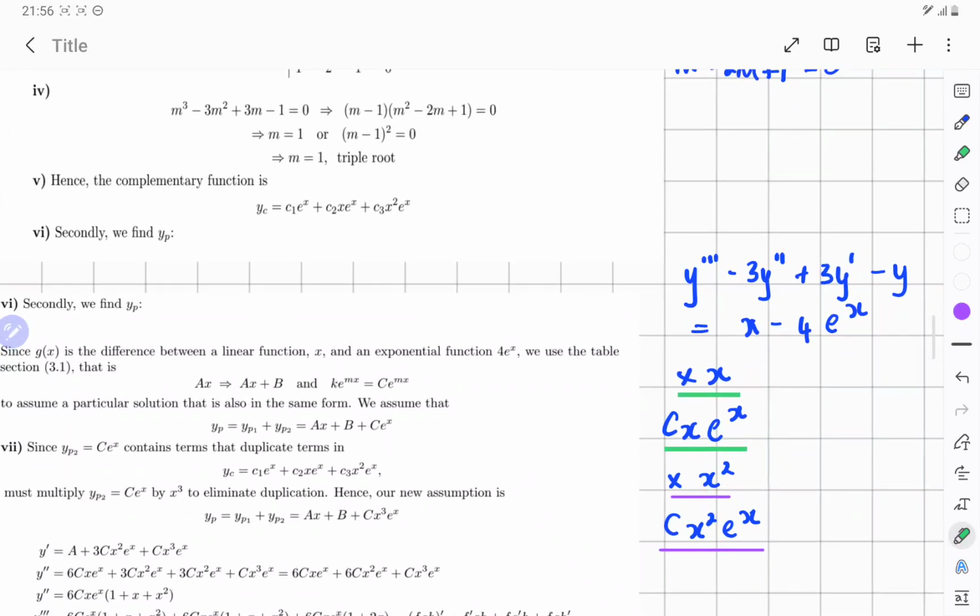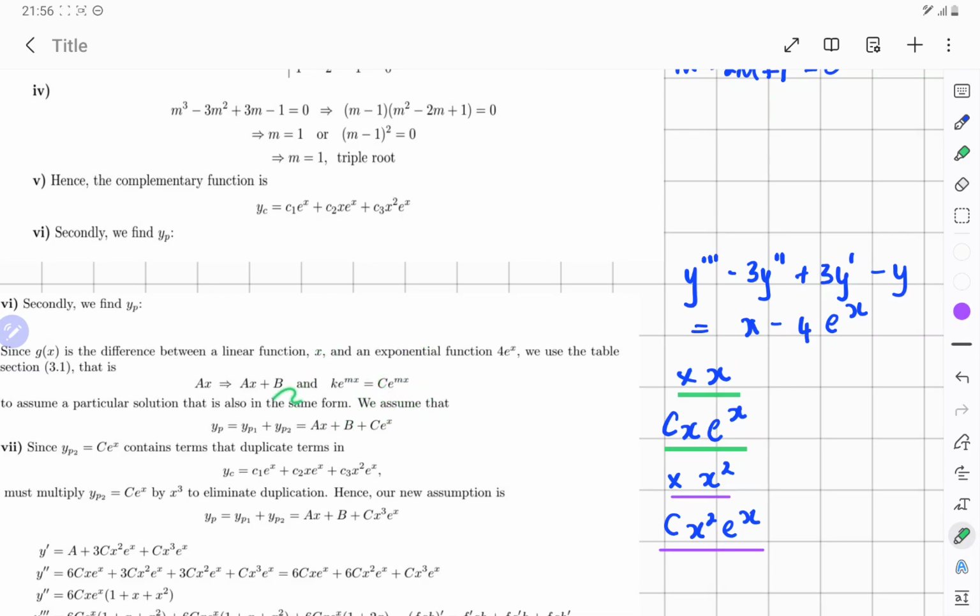Since my first part of g(x) is x, I know from the table that that's a linear form, so my assumed particular will be ax plus b. Then I have 4e to the x. From the table, I know that my assumed particular will be a constant times e to the x.